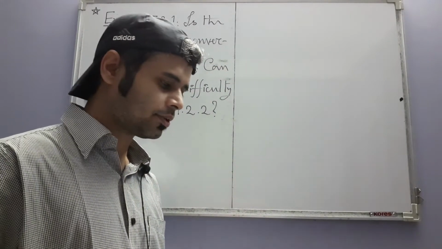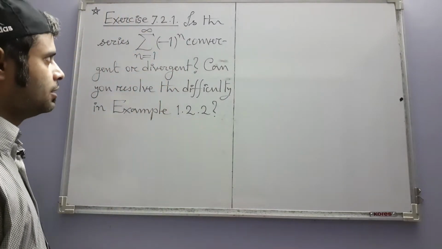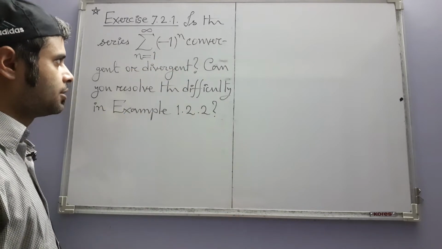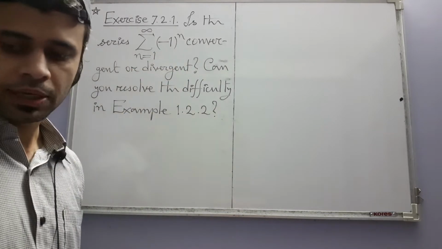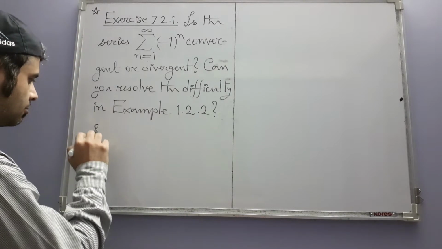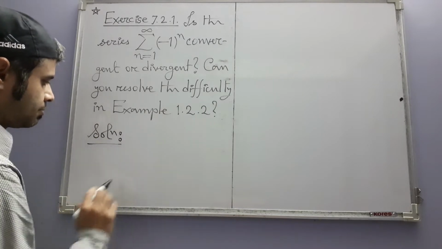Okay, so we are now going to start the exercises. In this first one, first of all, we have to decide whether this series is convergent or divergent. And in fact, we have already done this in one of the examples in the text.